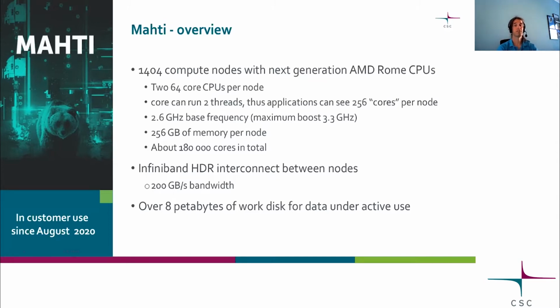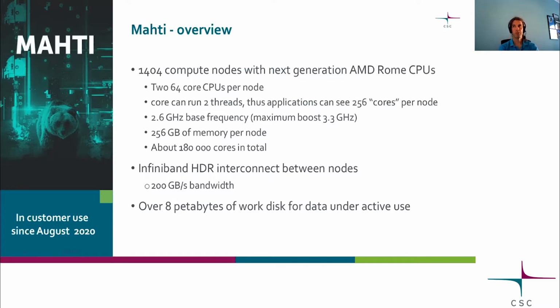Memory, there is 256 gigabytes per node, and contrary to Puhti, the system is homogeneous, so all the nodes have the same memory configuration, which can be a bit smaller than the largest memory nodes in Puhti, but should be fine for most workloads.